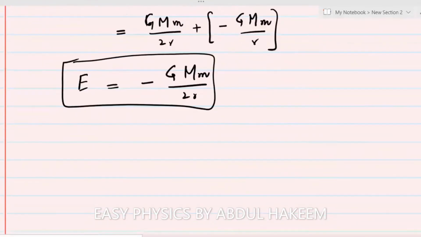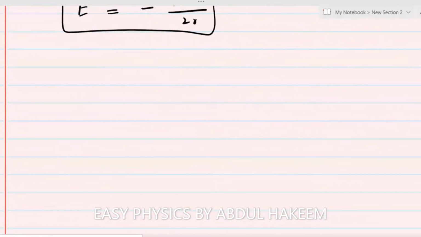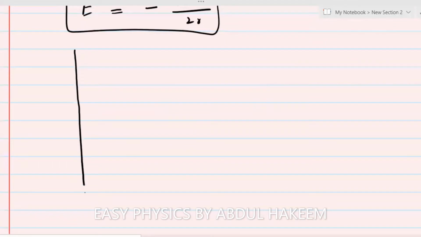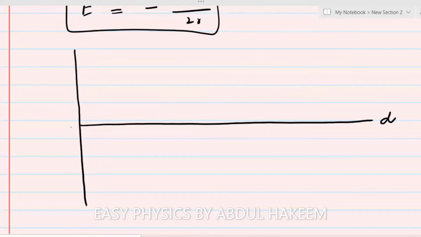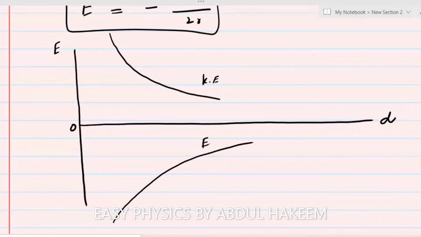And we have done the graph between distance from the center of the planet and energy, right? So there are three energies. One is the kinetic energy. Next, this is the total energy.